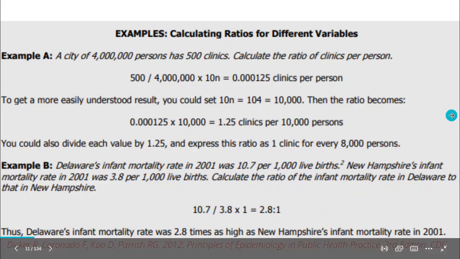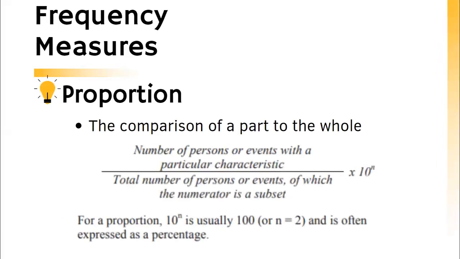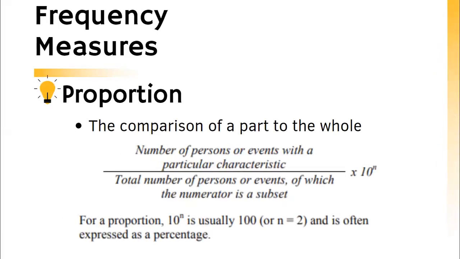So another frequency measure is what we call proportion. So you actually discussed this with Sir Miasco, no? So I reviewed his video so that I will be guided on which topics he included. So just a review, a proportion is considered a part of a whole.